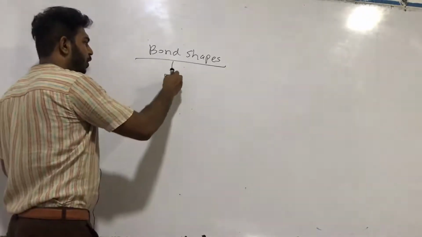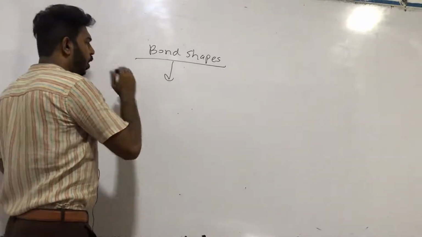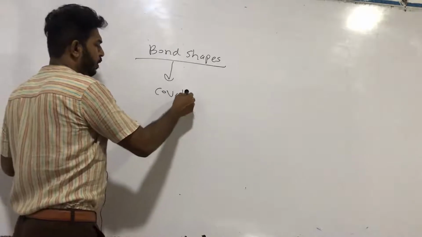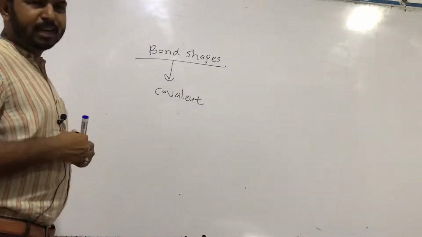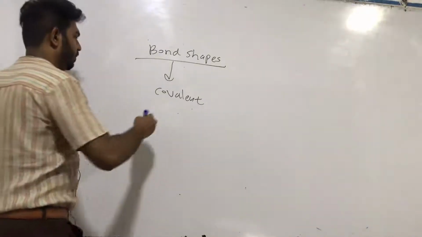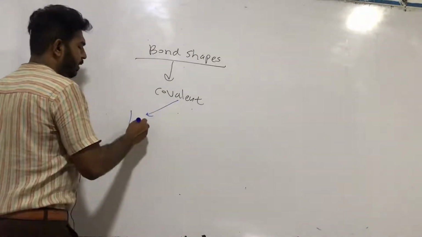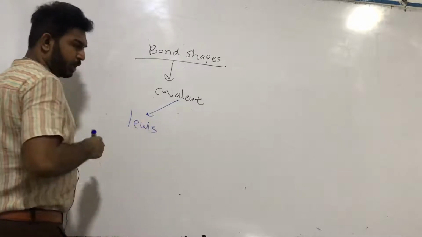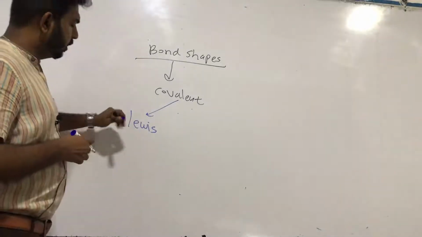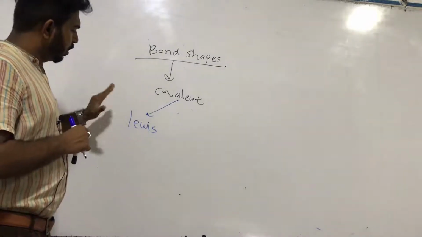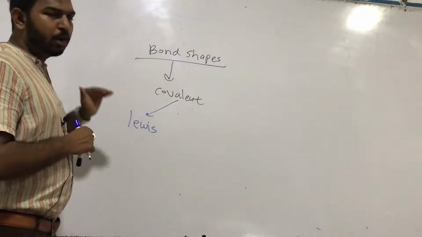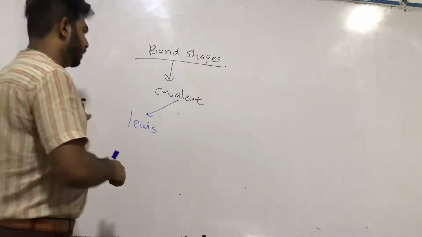So we can draw bond shapes only for covalent bonds. There are three types of structures. First one is Lewis structures, the easiest and most usable one in our syllabus.